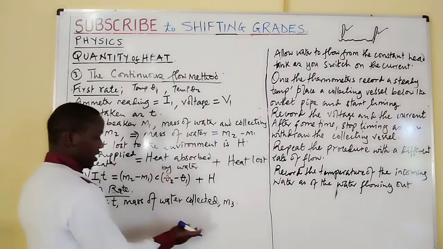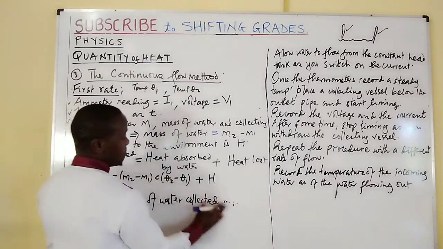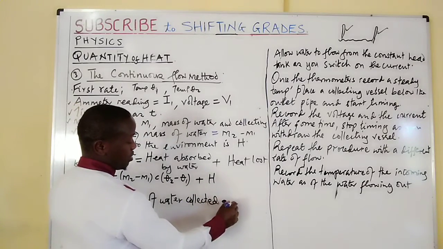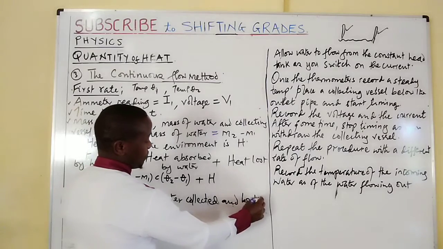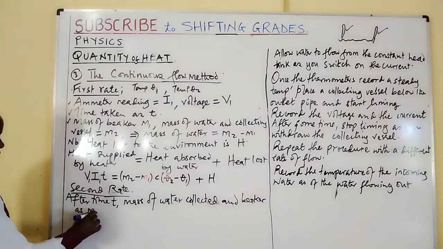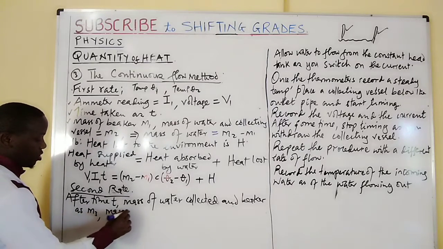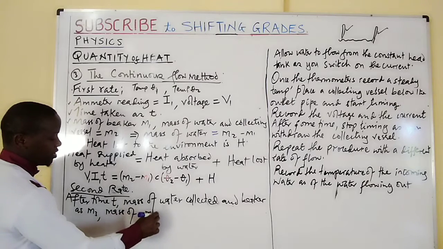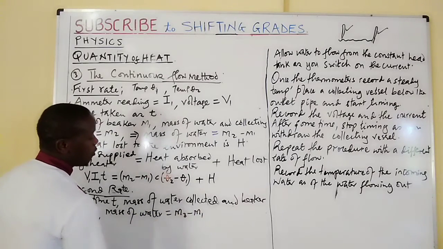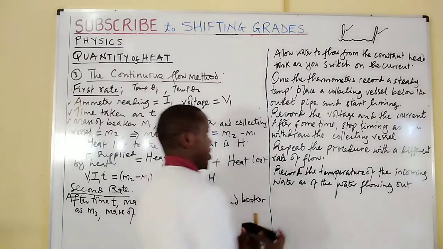Mass of water collected as M3, or a mass of water collected and the beaker, because the water collected cannot be determined alone, and the beaker together is M3. And now here we'll say the mass of water in this second flow will be M3 minus M1, when the beaker was empty.